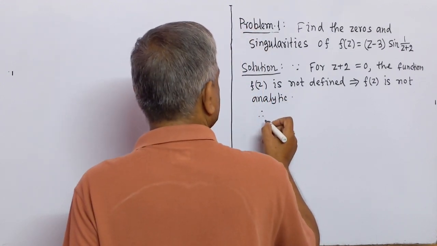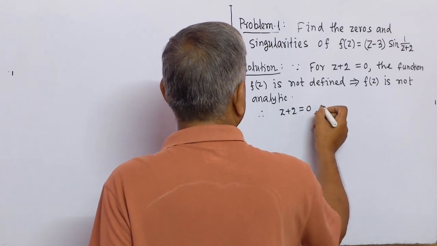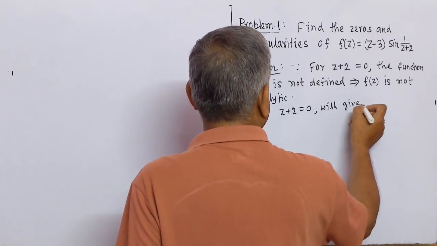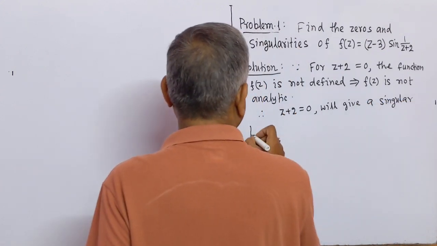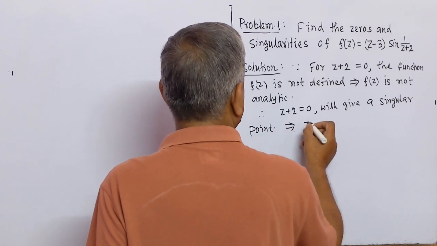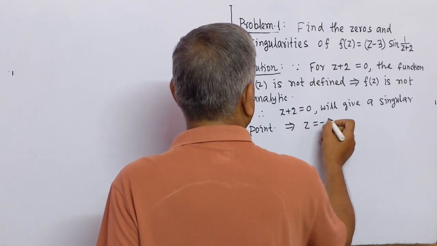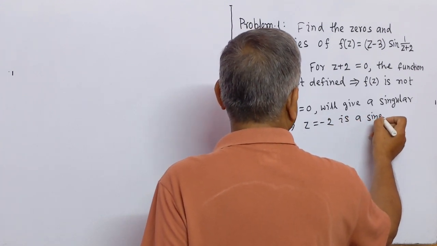Therefore, z + 2 = 0 will give a singular point. This implies that z = -2 is a singular point.